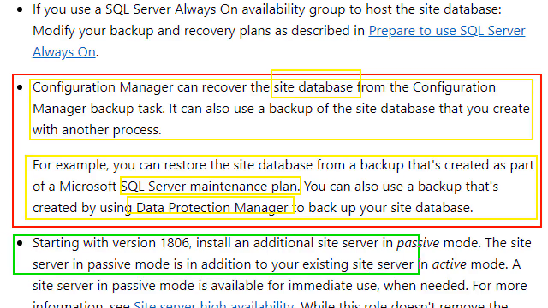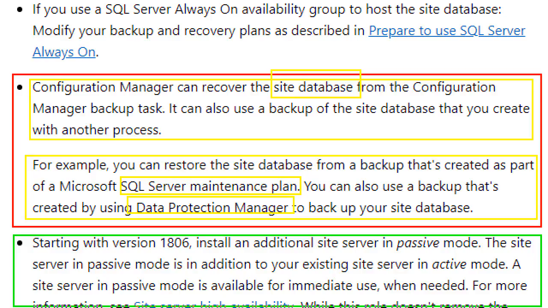Now, another interesting thing that came out in the 1806 build of Current Branch is this new feature called high availability. Essentially, it allows you to have two site servers running at once, one active and one passive. And in the event that your active site server went down, you could just have your passive one and promote that to become active.